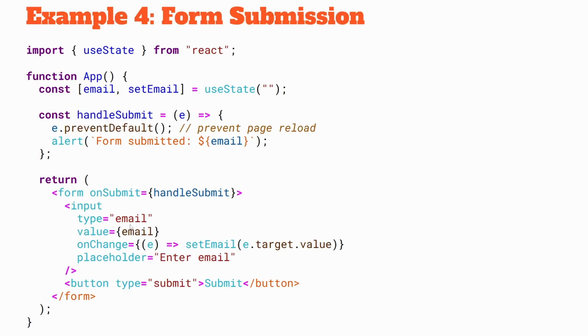As soon as you change the email, that gets saved in the state using setEmail, and then on submission of the form, whenever you click on the submit button, this onSubmit function will be called, and usually what you do is you send a fetch request to the backend API and save the data. Okay, but here since we are just testing, we are just sending an alert that form submitted to this email. Okay, so that is how you can handle form submissions.